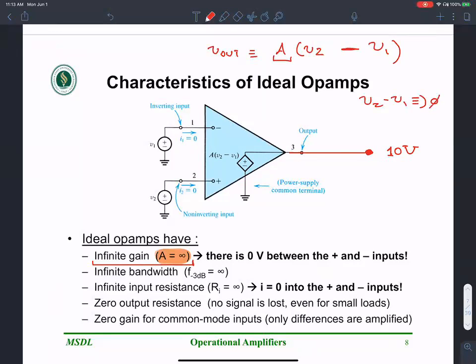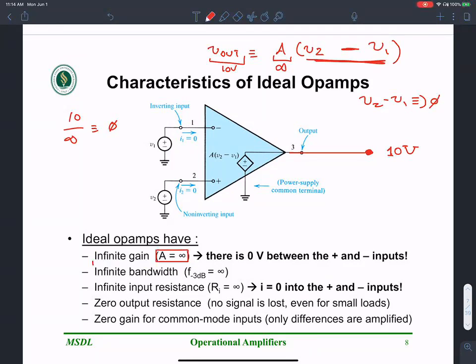Because this is assumed to be a non-infinite value, 10 volts, and this is assumed to be infinity, when you do V out over V in, it's going to come out to be 10 over infinity, which will be by necessity 0.